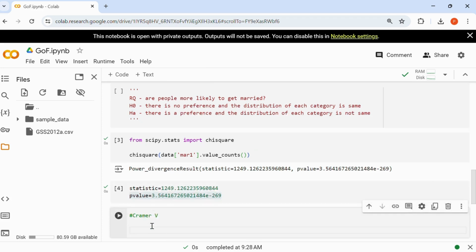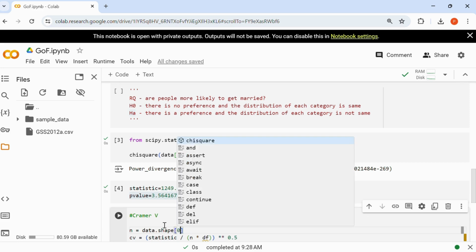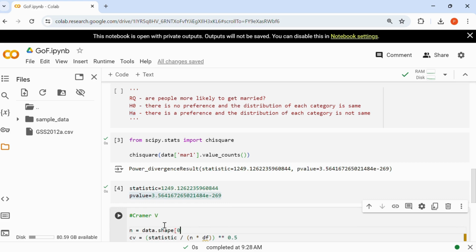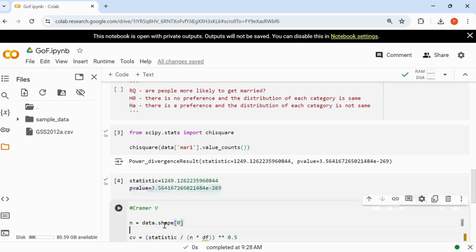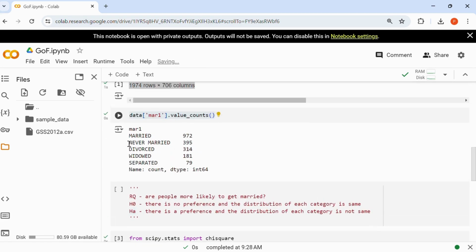So Cramér V is the effect size. For that we have a formula: I will take my statistic, divide it by n multiplied by df, and take the square root of this entire value. n is the sample size, calculated from the number of rows in the data frame, and df, the degree of freedom, is calculated as the number of categories minus 1.